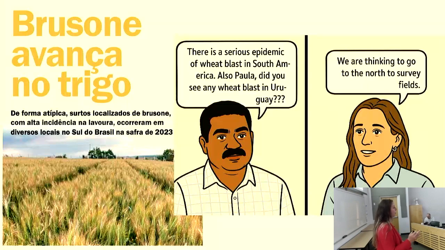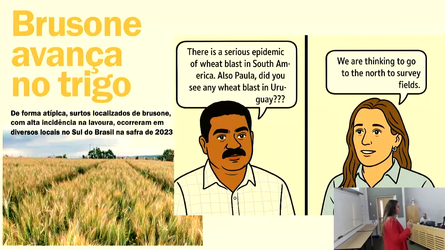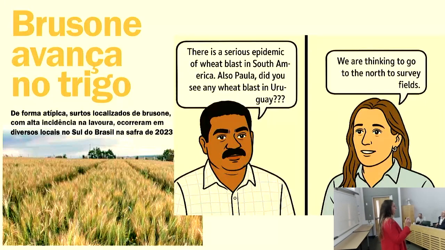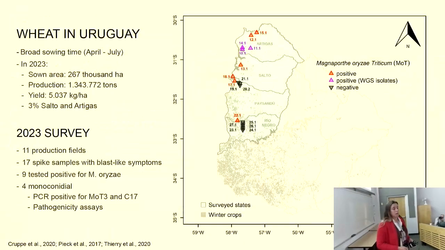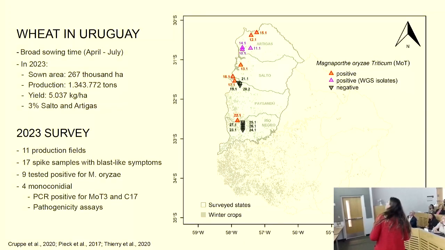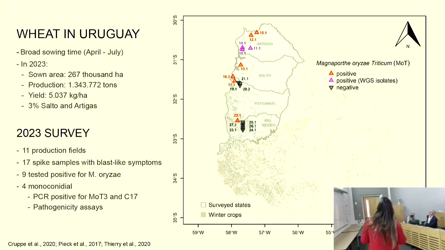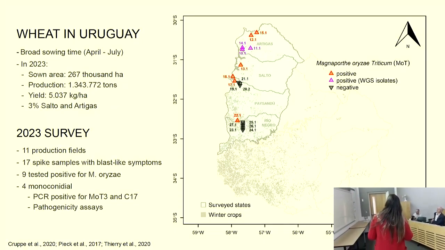Why to the north? Because in the north is where we have the climate conditions more similar to the ones that we have in Brazil. And so that's what we did. In this figure, the gray dots are the winter crops distribution.